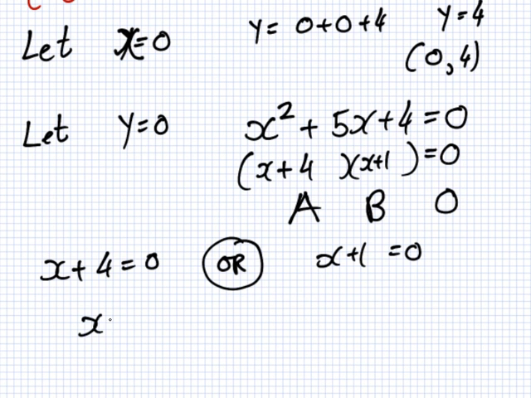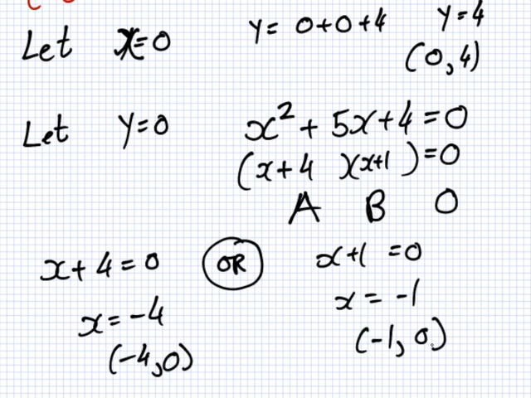So that means x equals minus 4 or x equals minus 1. So we get two answers here: minus 4 for x and 0 for y, or minus 1 for x and 0 for y. So in total we have 3 points. Number 1, number 2, and number 3 here. And this is enough to draw now.